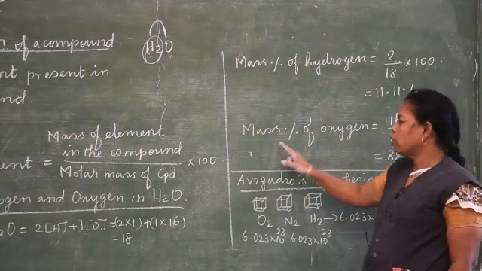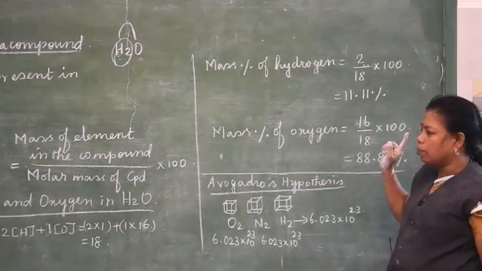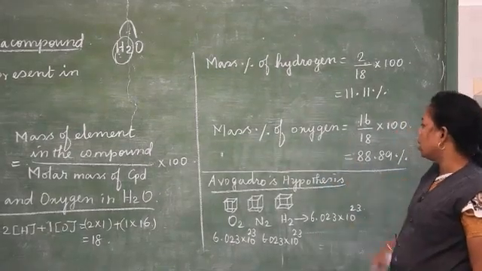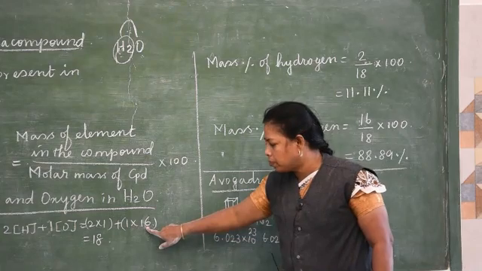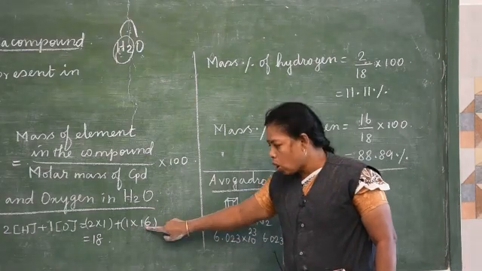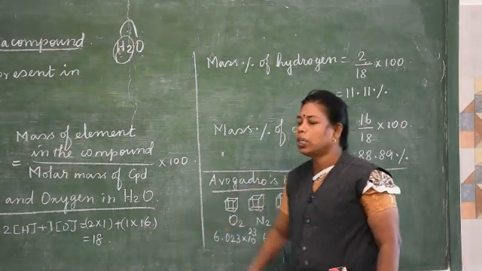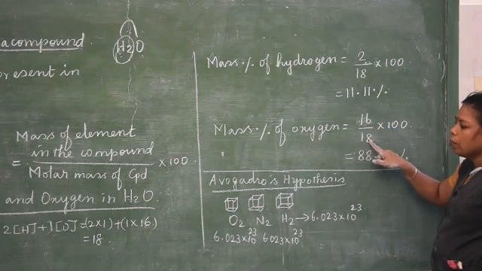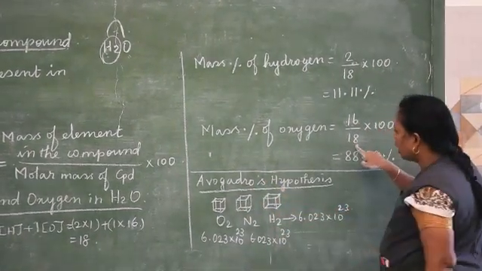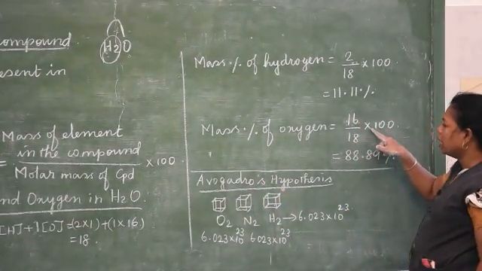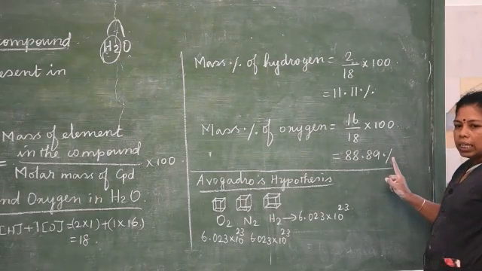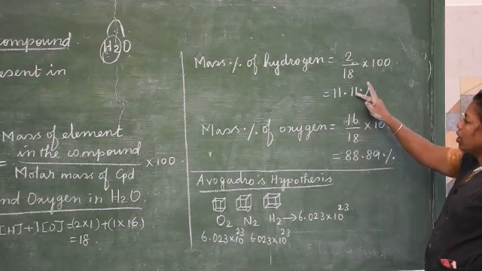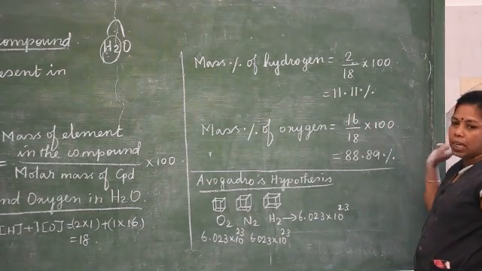Now, the mass percentage of oxygen. The mass of oxygen present in the compound is 16 gram, and the molar mass of the entire molecule is 18. Therefore 16 divided by 18 into 100 gives 88.89%. When we add these two, we get 100.